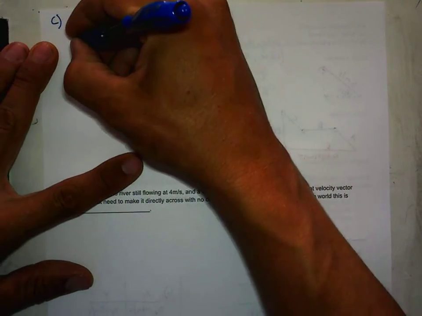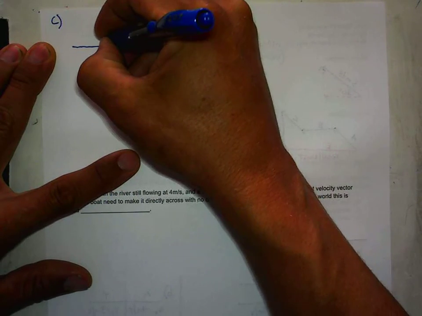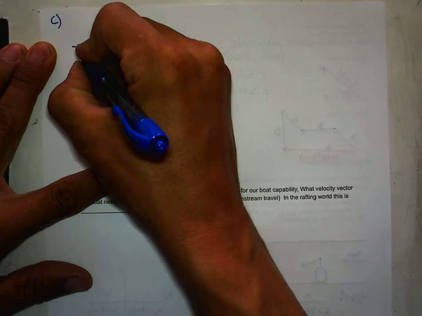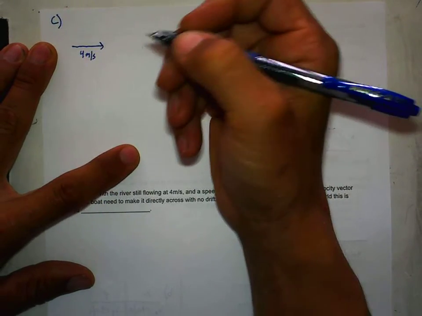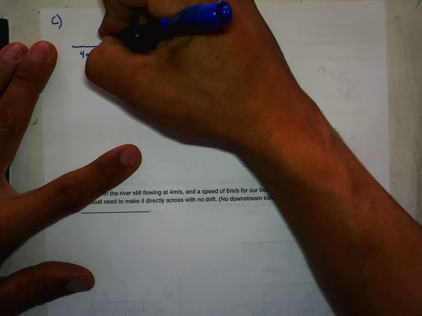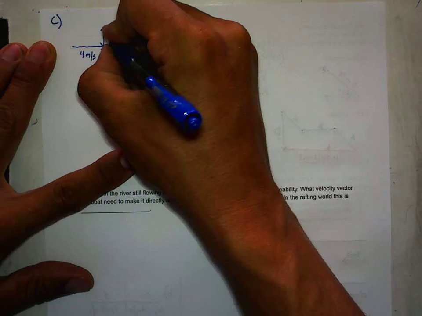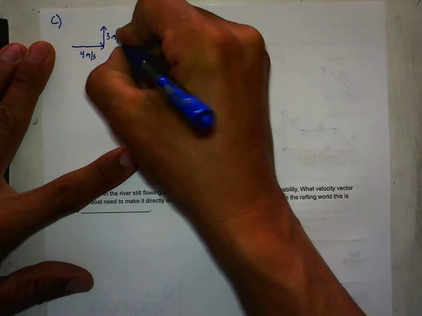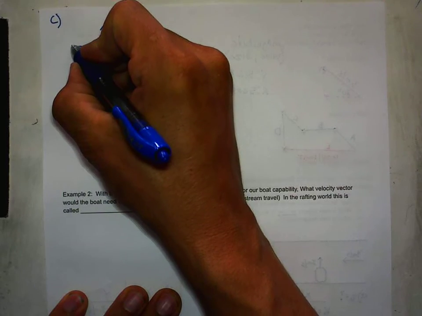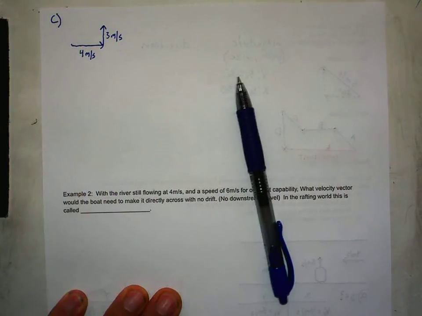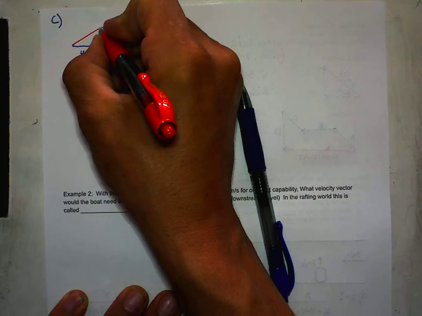Let's draw a little picture. They're going to be going over at 4 meters per second. Across at 3. And their resultant velocity vector, I'll use red for that, is right there.